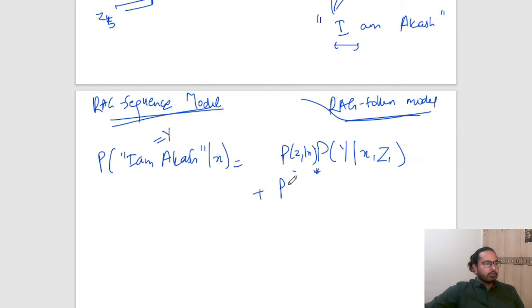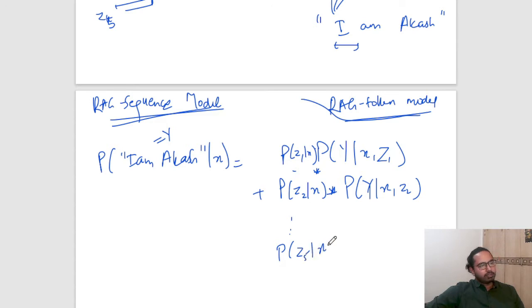Similarly, another way of getting the answer string "I am Akash" will depend on P(Z2 | X) times the probability of capital Y given X comma Z2, and we do this all the way to the probability of Z5 given X times the probability of getting "I am Akash" from X and Z5.